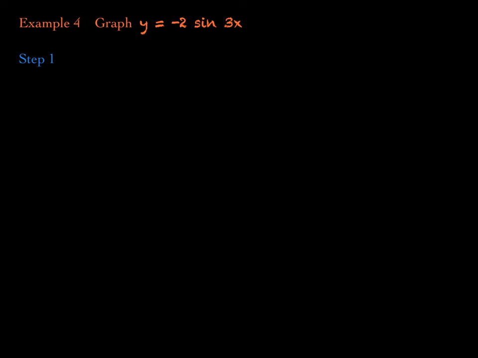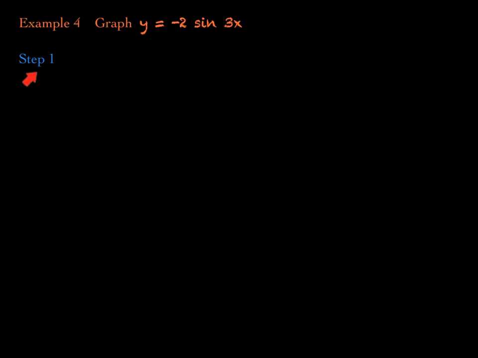This 2 will change your amplitude. That's a lot in and of itself, right? So this 3 will change your period, which is the reason why it's a horizontal shrink. And this 2 will change your amplitude. The negative here represents a reflection across the x-axis.